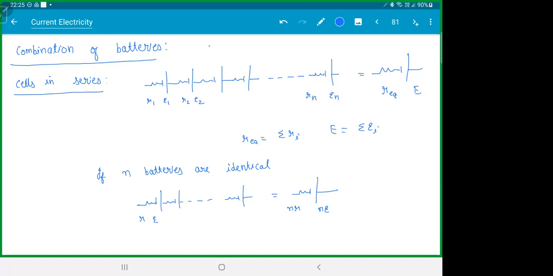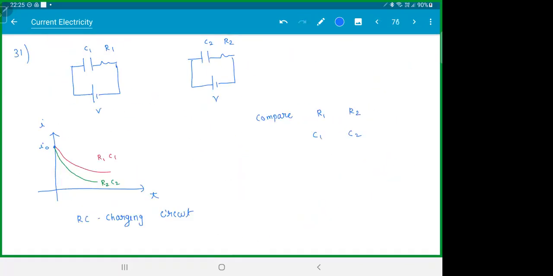Next one. Let's see a question, how they'll frame a question. This was asked in the exam like this.